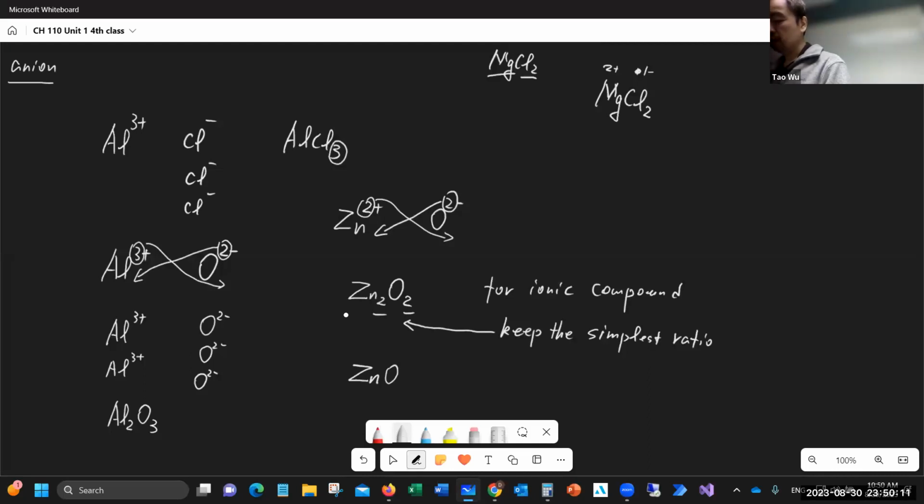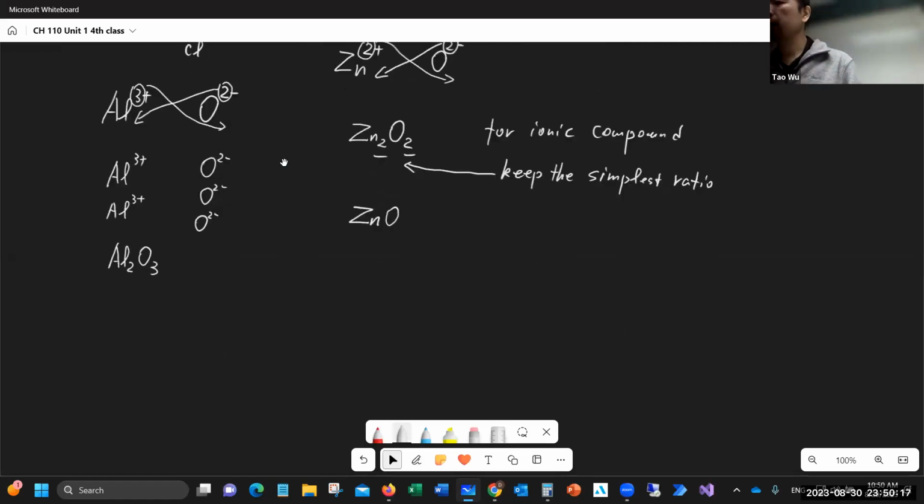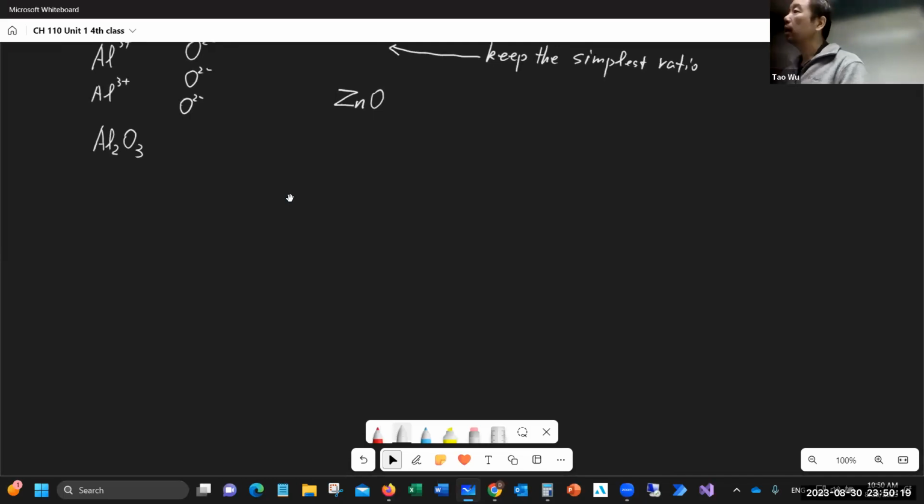Generally this is how we write the formulas. But you may have a question: I know those elements, but how do I know the charge for each of them? For example, what is the charge for potassium?